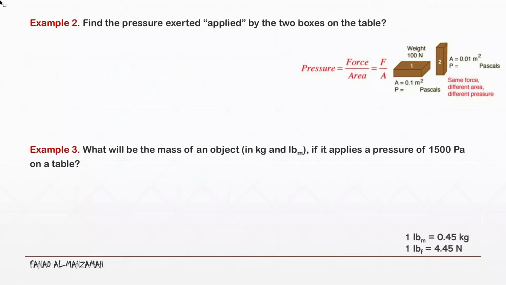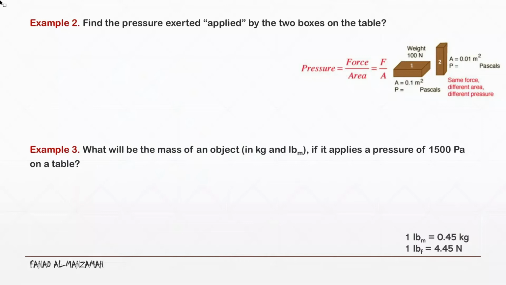It says in the given information that the weight of the box is 100 Newton, and the area for the horizontal side is 0.1 square meter, and the area for the vertical side is 0.01 square meter. So the horizontal one is 10 times greater in area than the vertical one. And the question says, find the pressure exerted by the two boxes on the table.